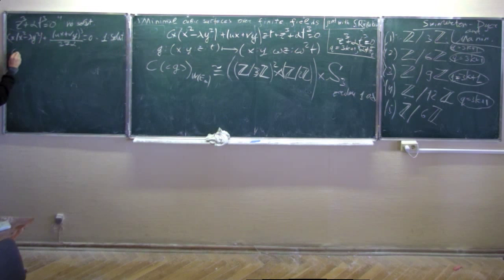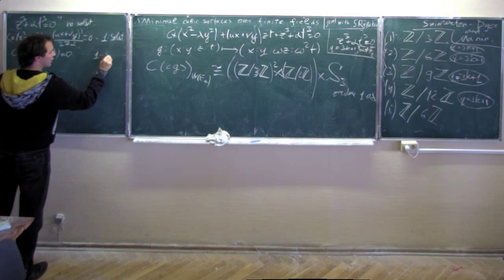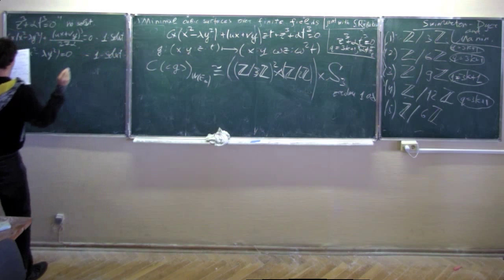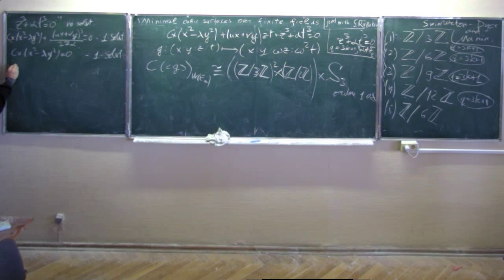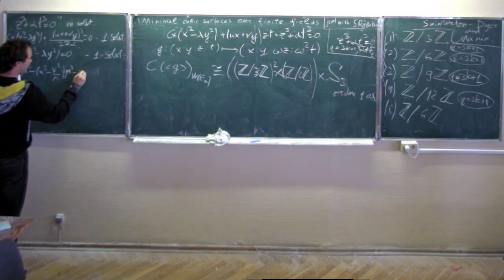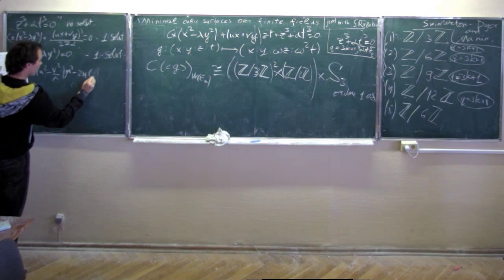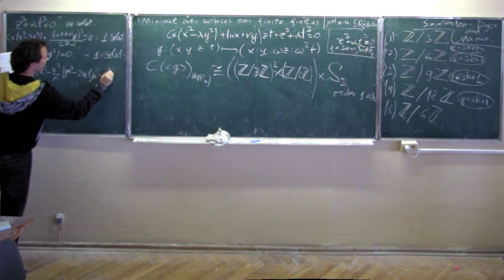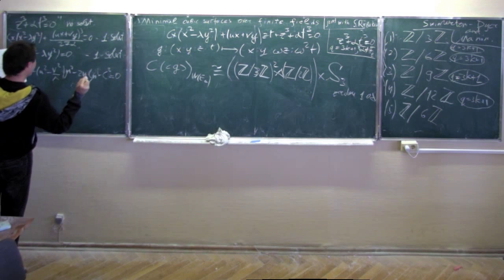Then 6 x squared minus lambda y squared: one solution. And the last equation for alpha, where mu is a parameter and u, v are variables: u squared minus v squared times lambda u squared minus 2uc mu minus c squared equals 0. Three solutions.